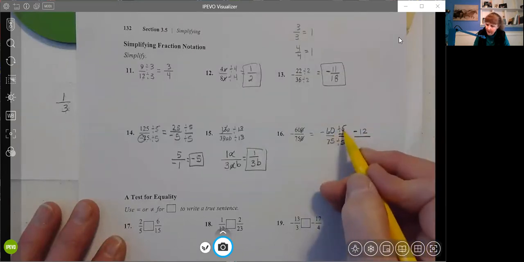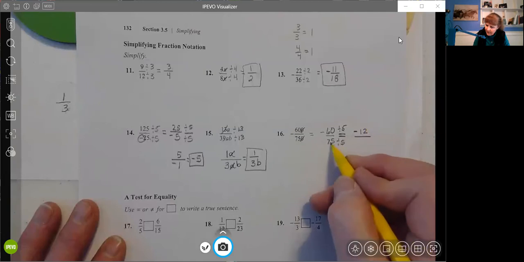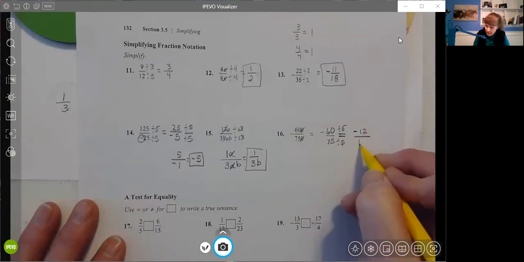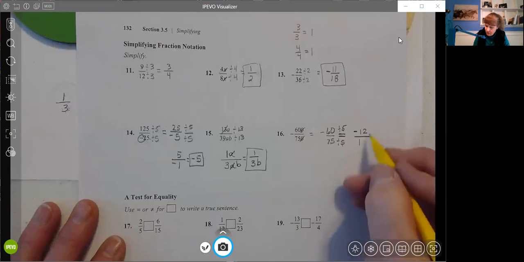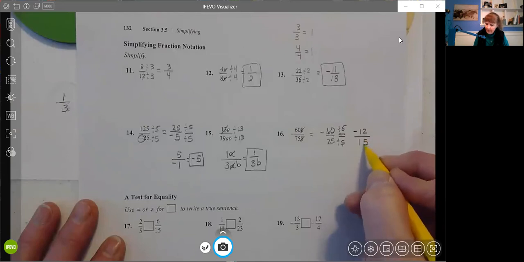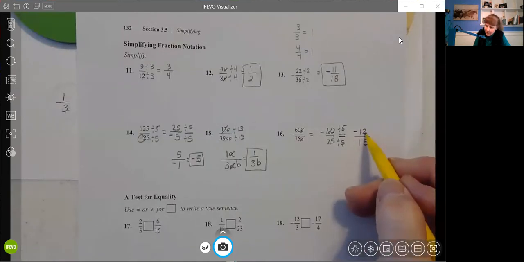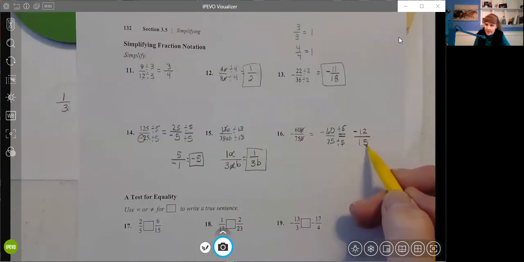Negative 60 divided by 5 is a negative 12. 75 divided by 5 is 15. Let's see. Yep, 15. Good. All right. Am I done? Well, this adds up to 3, and this adds up to 6.